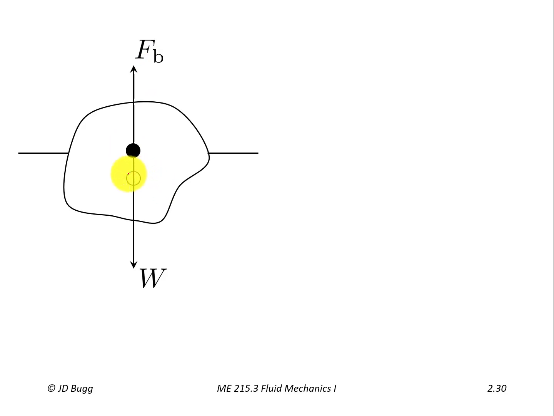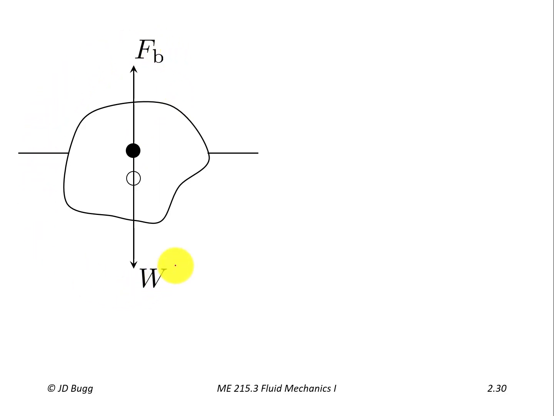Likewise, notice that the center of pressure is now down here. So why would that happen? Well, this might be a slightly different shape of object, so the center of pressure is now here. The important thing is the relative location of these two. So this buoyancy force is being applied at this point, and the weight is being applied at this point.